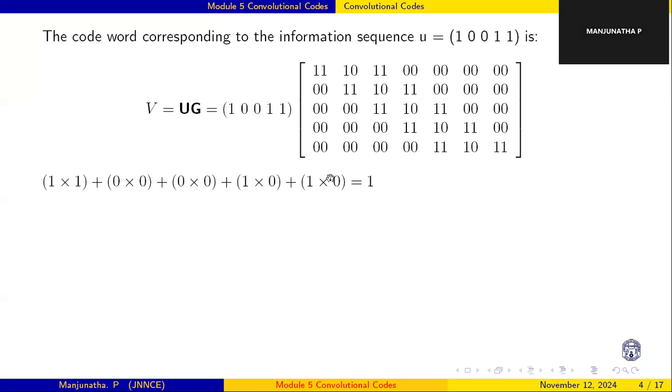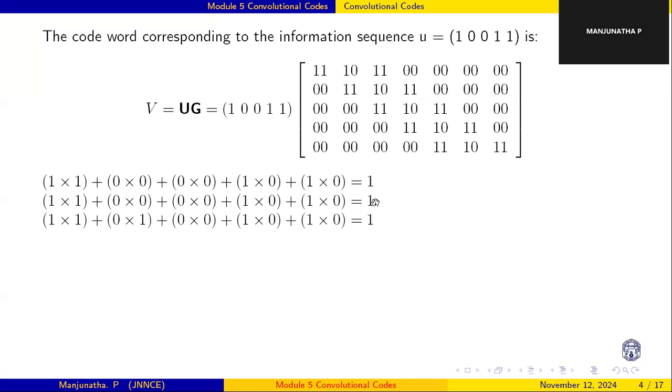Similarly for the second column, 1 into 1, the remaining are all 0, giving 1. Next, the third column, 1 into 1, 0 into 1, and the rest are all 0, giving 1.